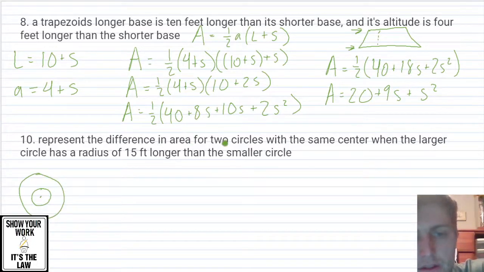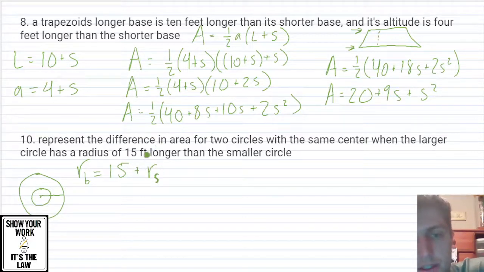This is the smaller circle, that's the radius of the smaller circle. This is the bigger circle, and this is the radius of the bigger circle. The radius of the bigger is 15 more than the radius of the smaller.